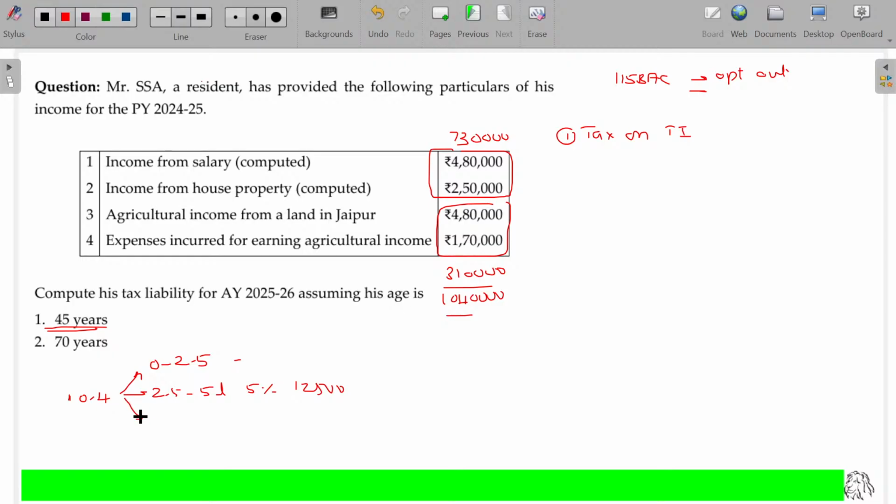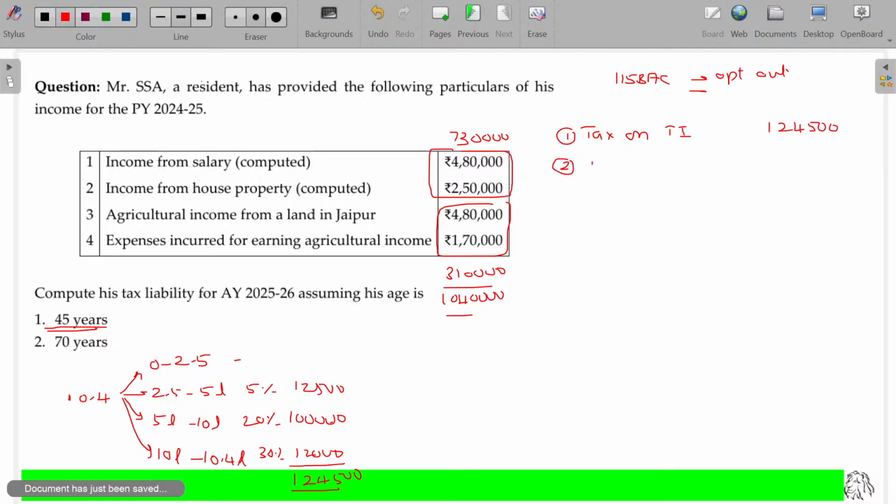Beyond 5 lakhs up to 10 lakhs, 20%. Beyond 10 lakhs to 10.4 lakhs, 30%, which is 12,000. What's the final value? 1 lakh 24,500.